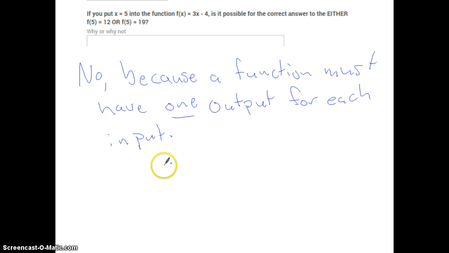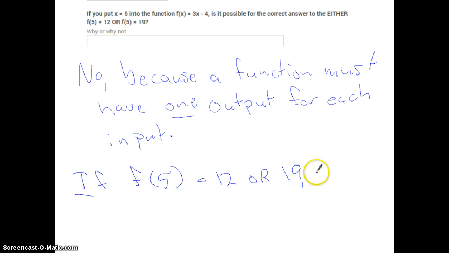And then I can expand on that. If f of 5 equals 12 or 19, how many inputs would it have? Well, it would have one input, 5, and it would have two outputs.